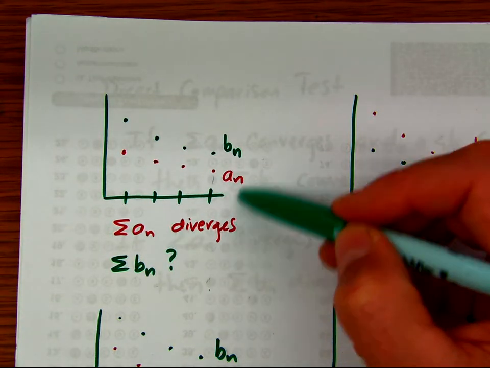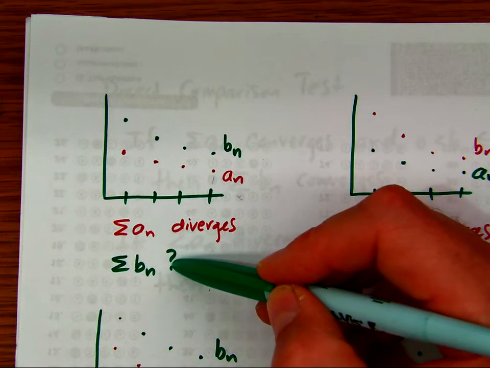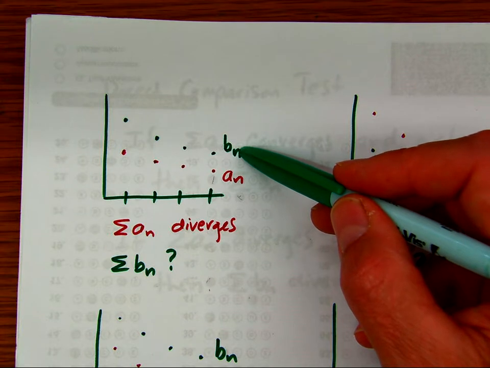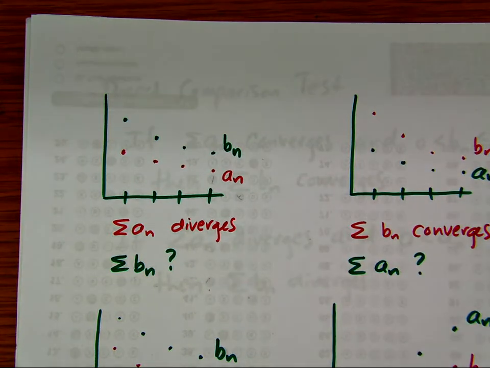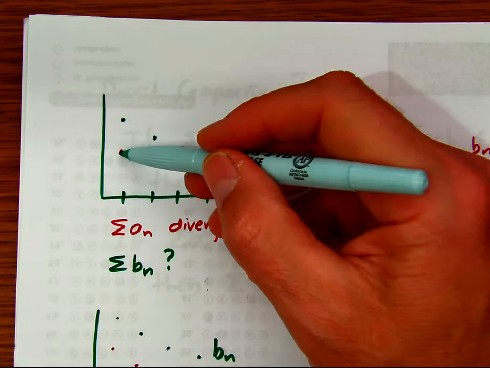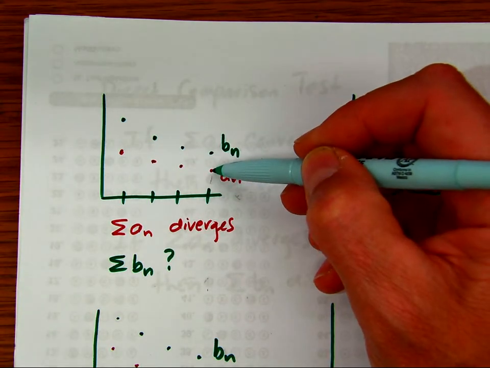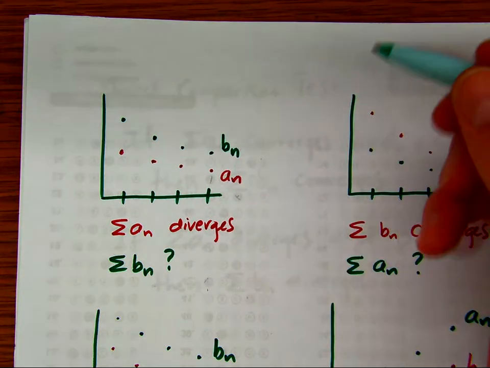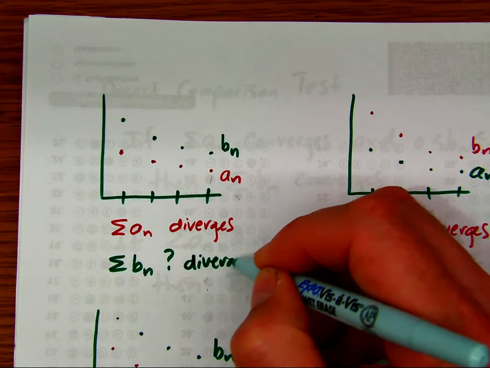So then what can we say about the series when we add up values of B? If we're adding all of these up, and it adds up to infinity, well, then we add all these up, which are larger than these, then it will also add to infinity. So we know that that diverges.